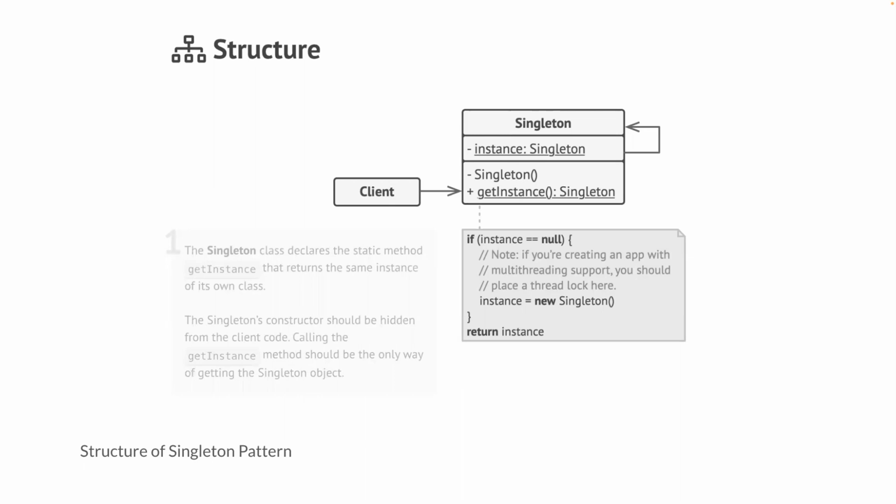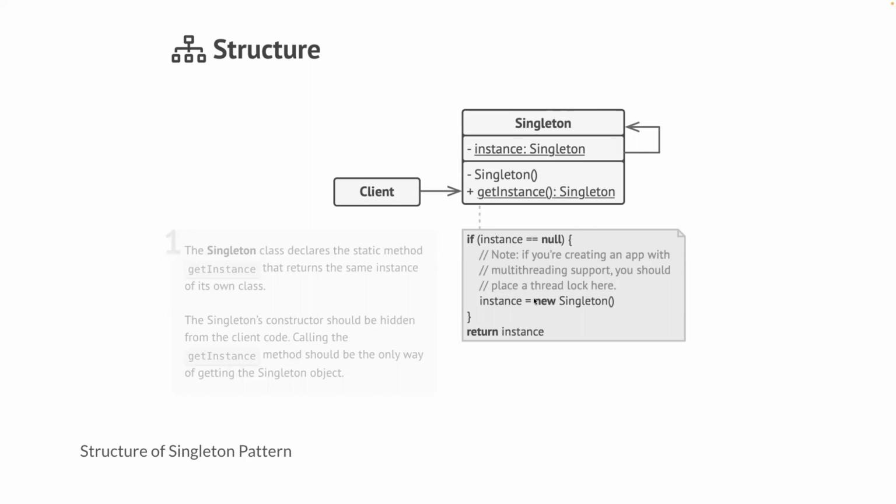That creates overhead on the system as well. So what you want to do is ensure there is only a single instance of this class and that object has global access. Anyone who wants to interact with the database or that file should have access to that object. But those objects should be controlled by a pattern, which is the singleton pattern here.